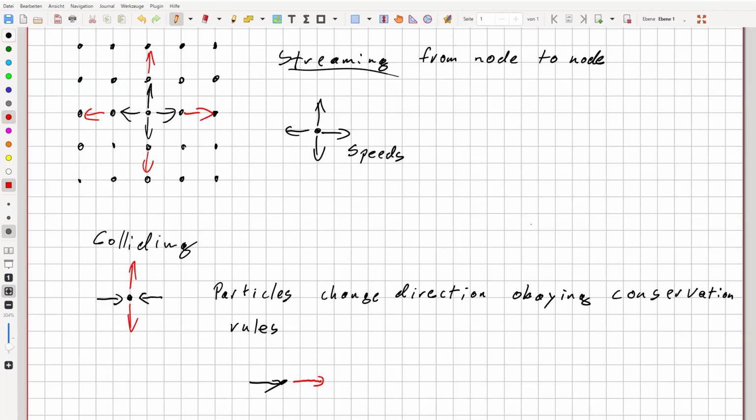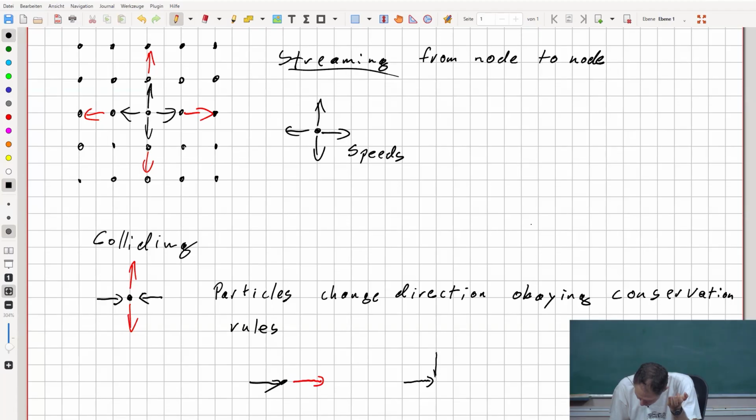Yeah, and the same thing is if you have particles like one particle arriving this way and one particle arriving that way on the node, then according to the conservation of momentum, you would also have not changed them, right? So, question, is this enough? So this was the first question.